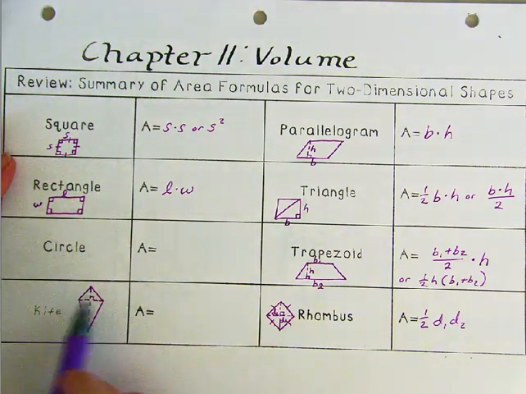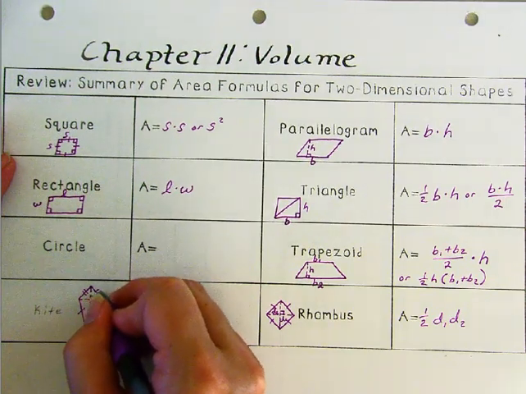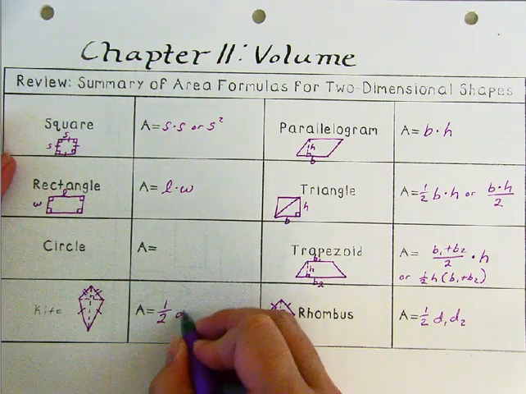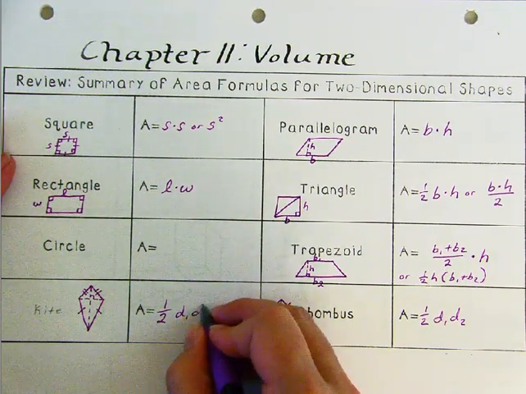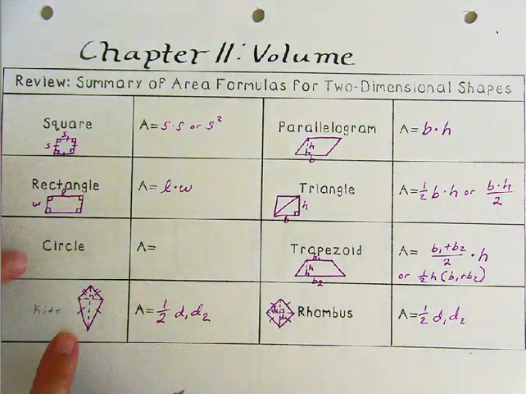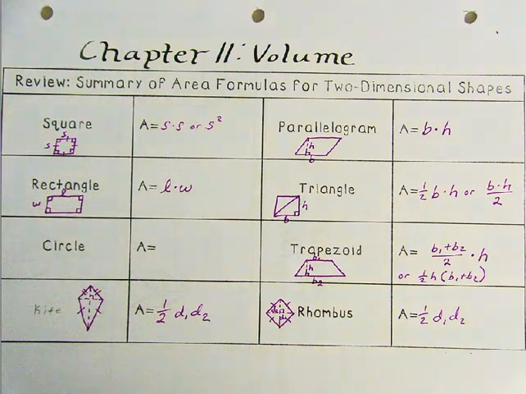But instead of having 4 congruent sides, we have 2 pairs of congruent sides. But we're still going to use that exact same formula, 1/2 D1 times D2. So the formulas here are the exact same because we could do the same steps. I could take these two triangles, move them over here, and now I would have a rectangle with a width of half of the original kite and a height that's the same.